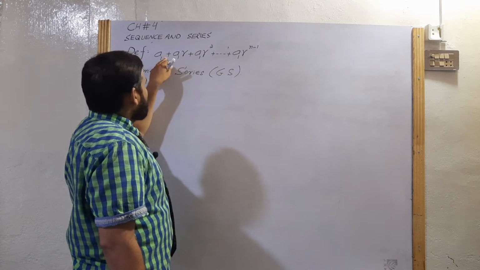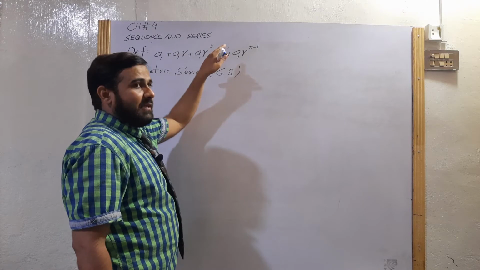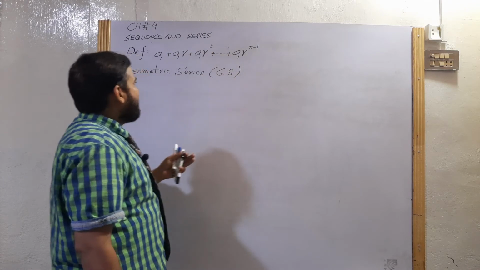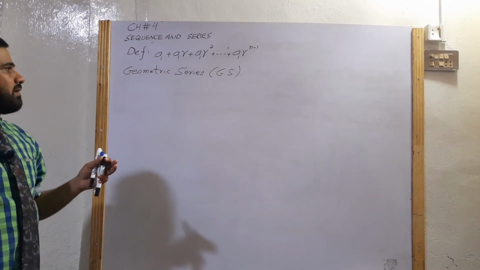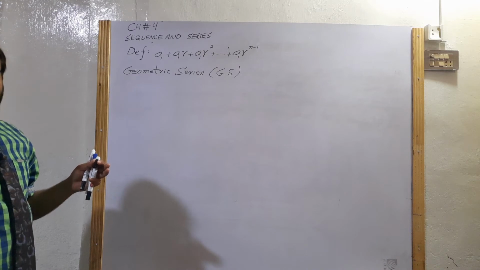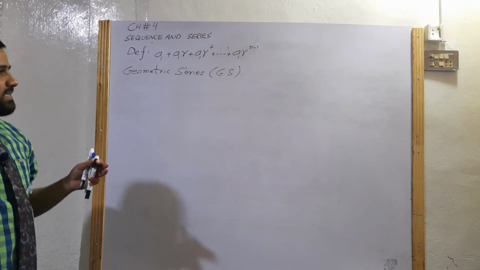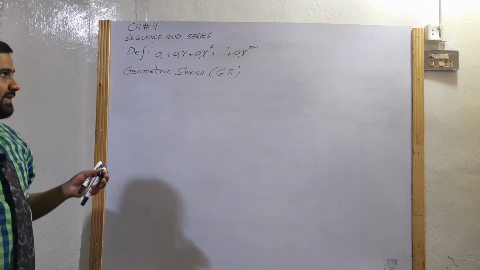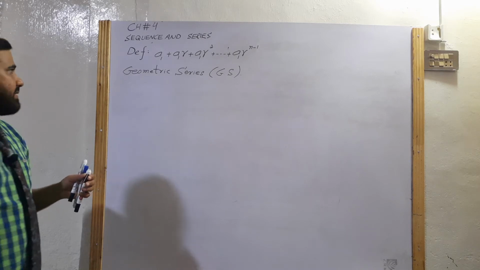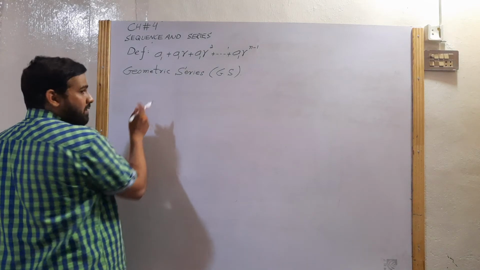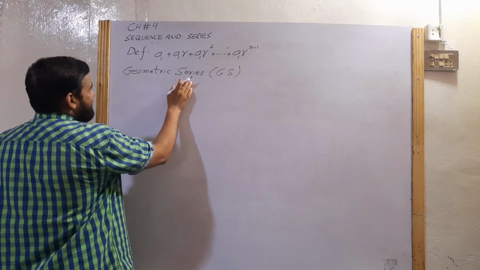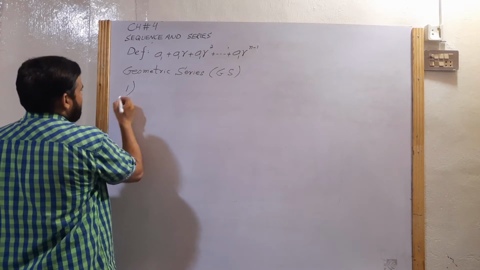If the first term is known and the last term is not known, it is an infinite geometric series. In this lecture, we will discuss their formulae in case of finite geometric series and in case of infinite geometric series. So, the first case, if the geometric series is finite.